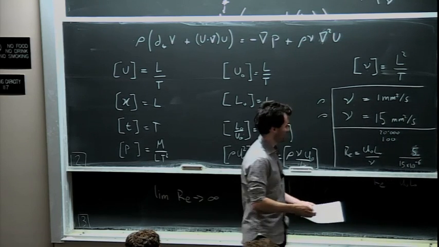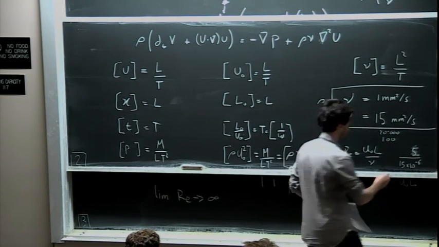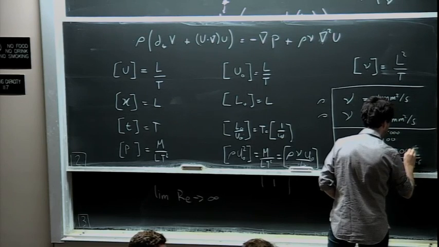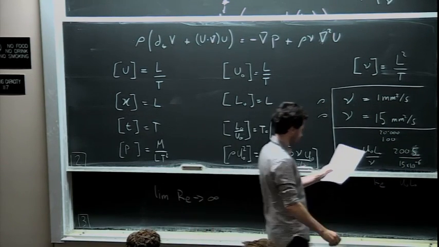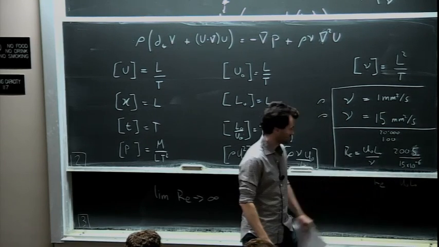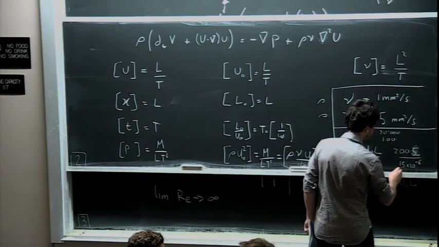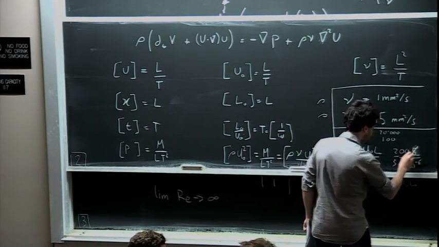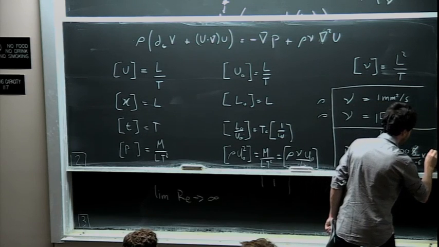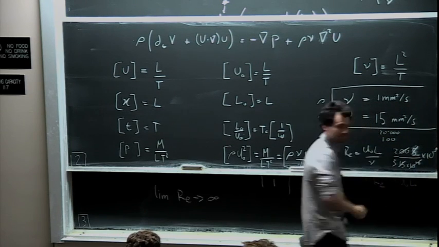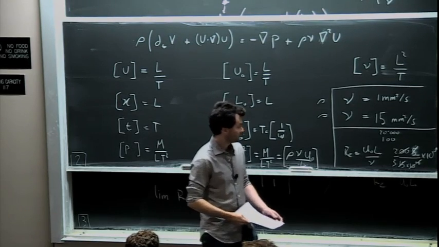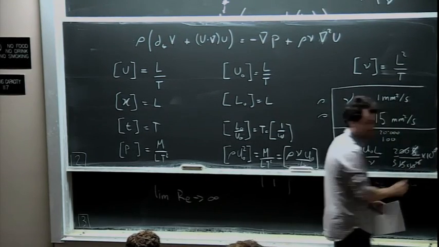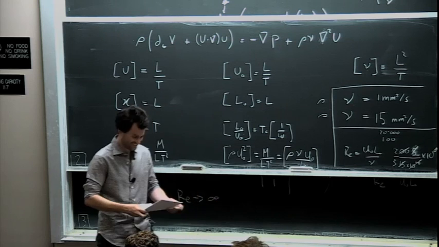Okay, let's take something like 200 meters per second. So what do we get? We get 2/3 times 10 to the 8. So it's a very, very high Reynolds number flow. 10 to the 8, yes.